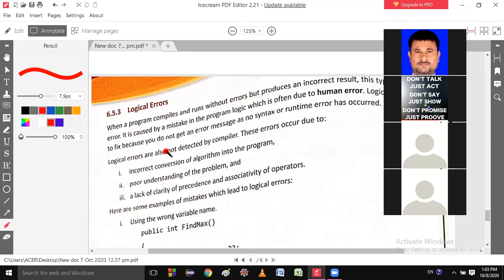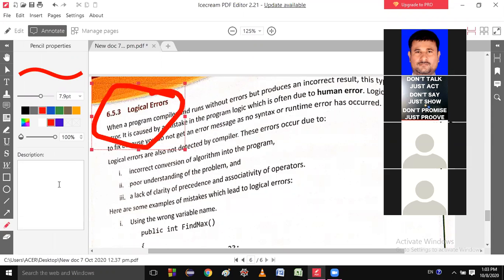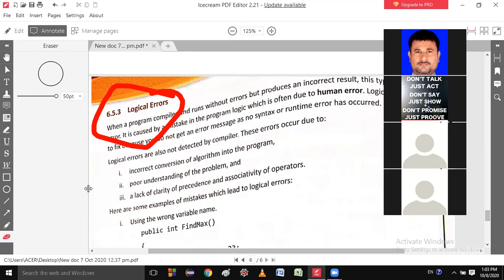So everything is correct. Your program is syntactically correct, your program is running fine, no problem. But when you give input to a and b, you will get a wrong result. So this type of problem is called a logical error, because you have written a wrong logic.